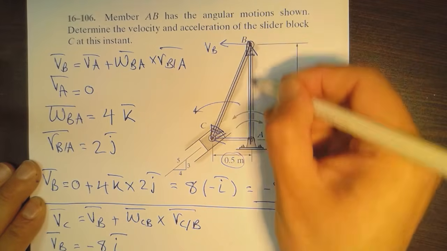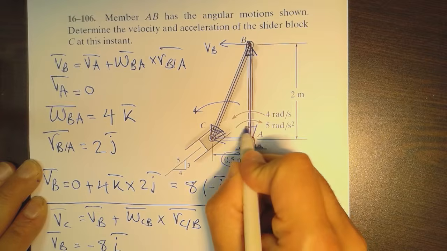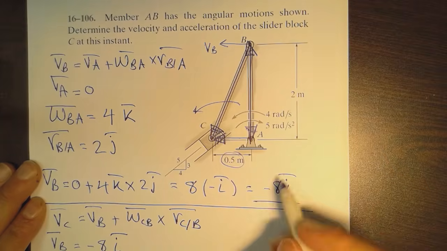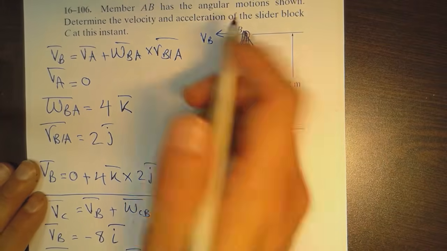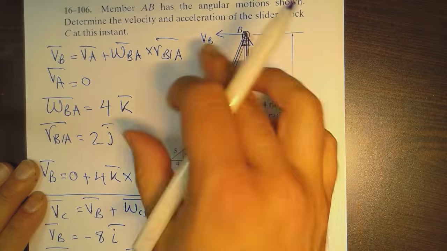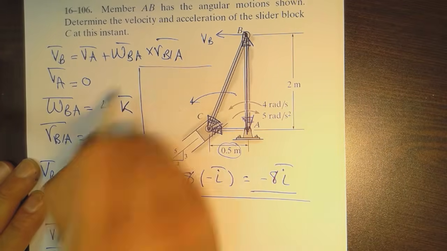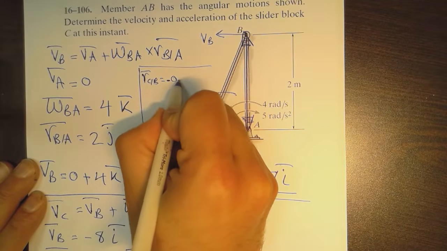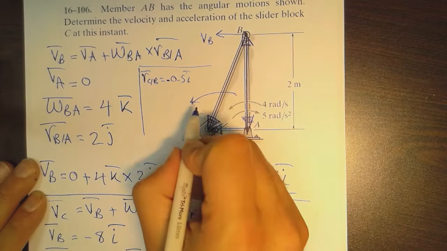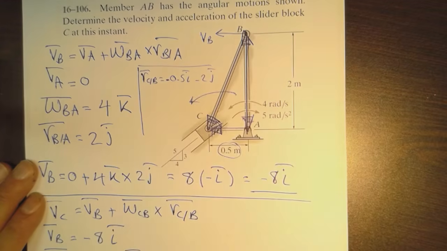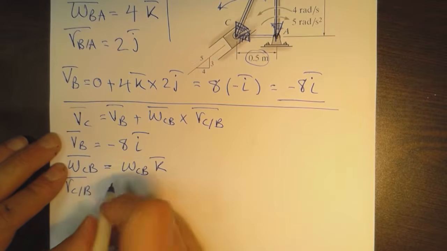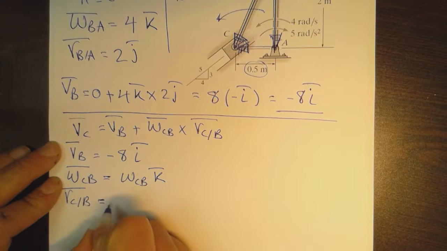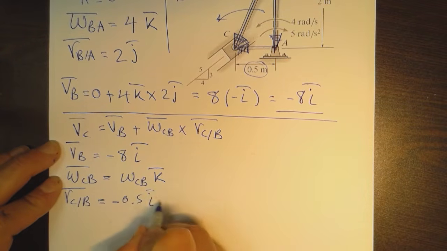This is the y component. This is the x component of RCB. For convenience, I can write this down here for you, taking advantage of this space. RCB is equal to minus 0.5i minus 2j. I'm going to write it here again because I just moved the page a bit. So this is minus 0.5i minus 2j.